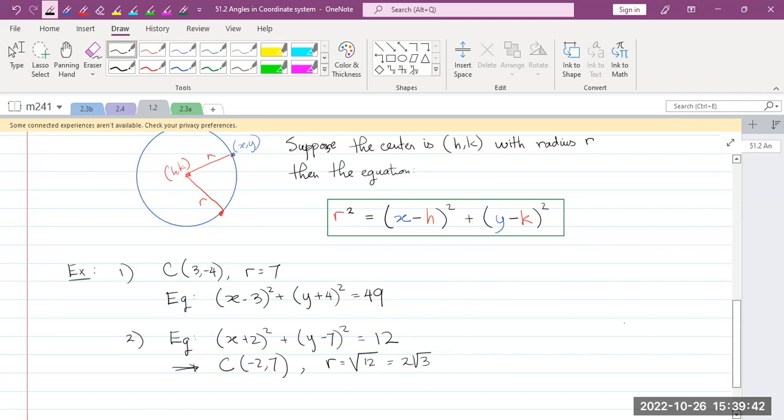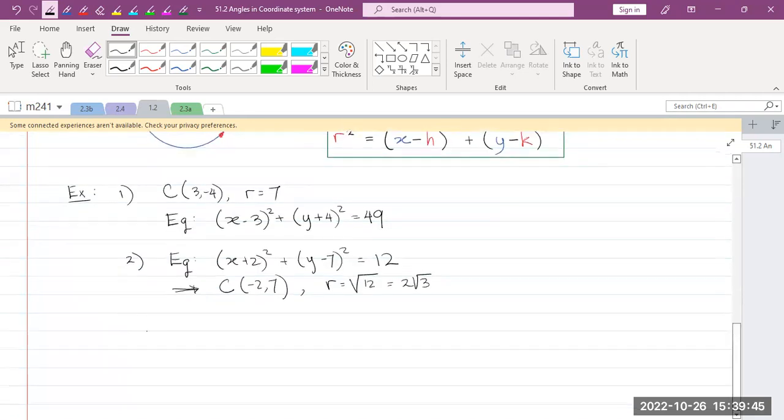Okay, now, unit circle centered at origin. We will use this a lot, especially in chapter 3. Unit circle means the radius is 1. There's a convention, a tradition in trigonometry and in math in general: when we say unit circle, it actually refers to a unit circle centered at origin, unless we specify the center somewhere else.